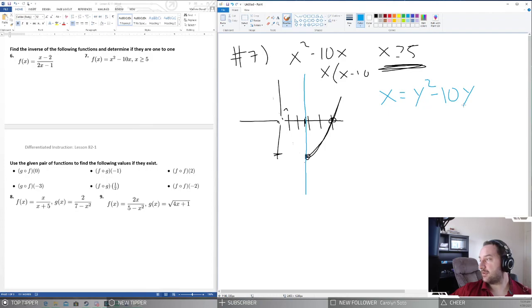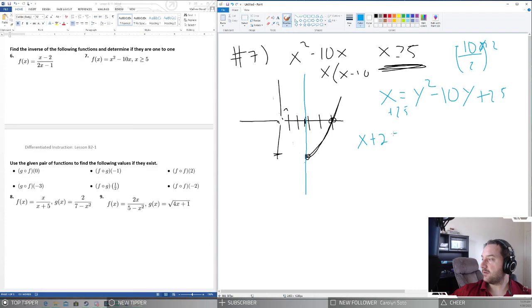It looks like we're probably going to have to complete the square. So b over 2 squared, that's plus 25. So we're going to add 25 to both sides.